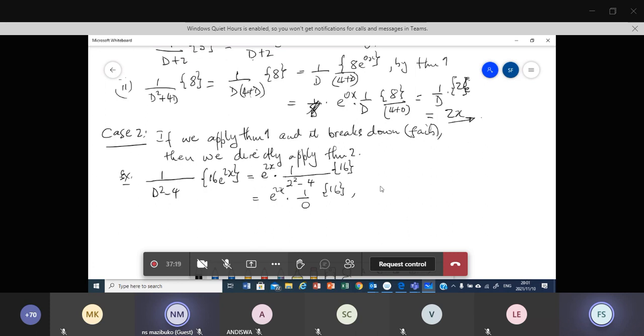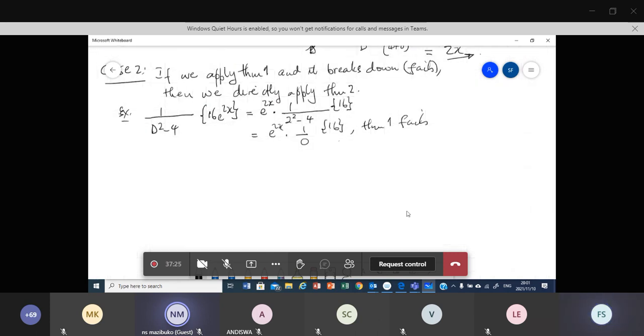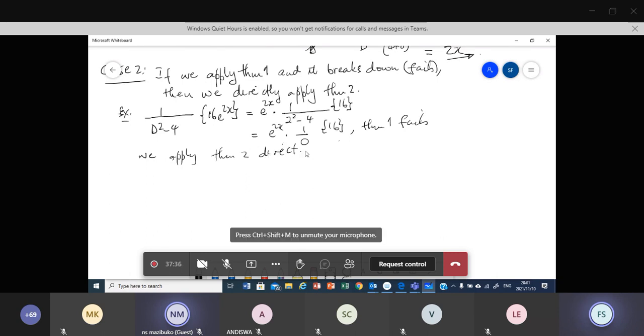Then if it fails while we try to apply it, we go straight to Theorem 2. So it's 1 all over D squared minus 4, 16e to the power 2x. Theorem 1 failed, then we apply Theorem 2.